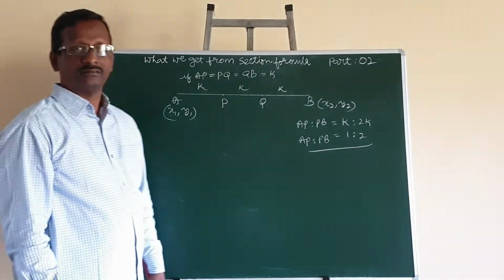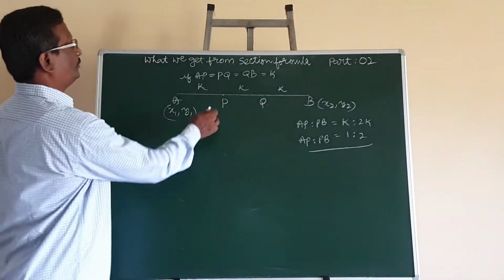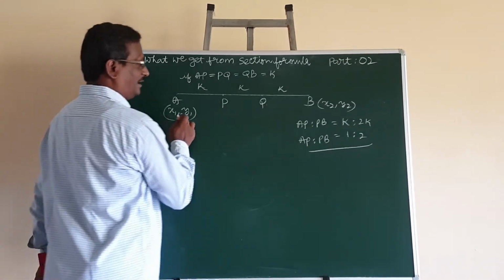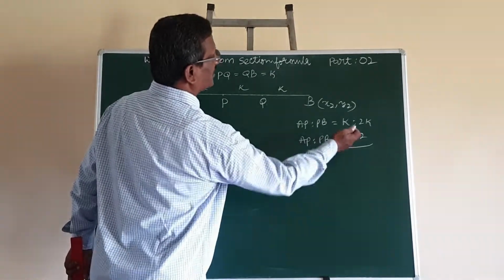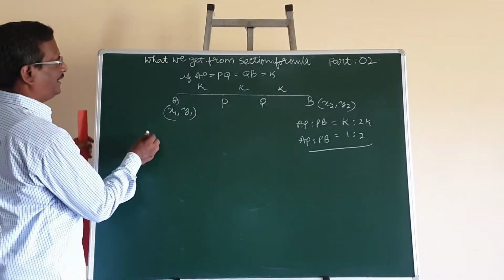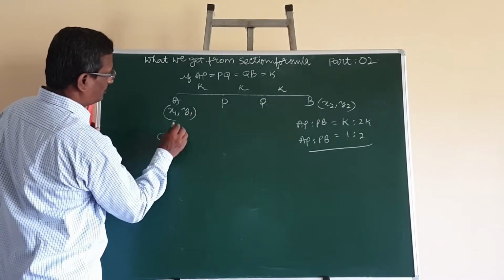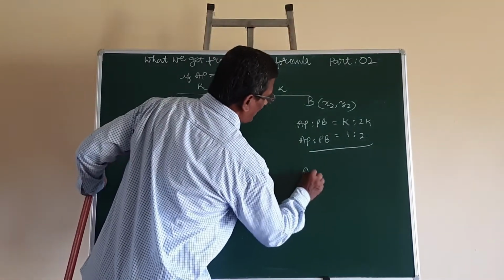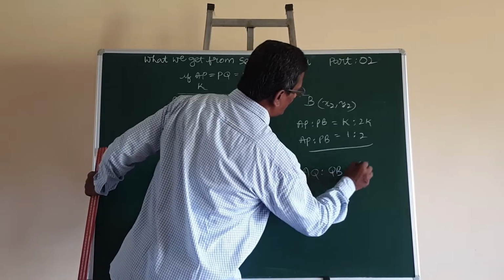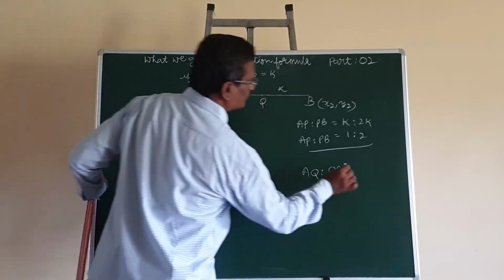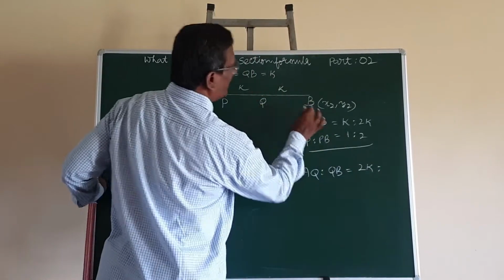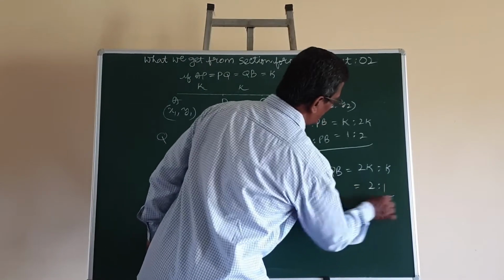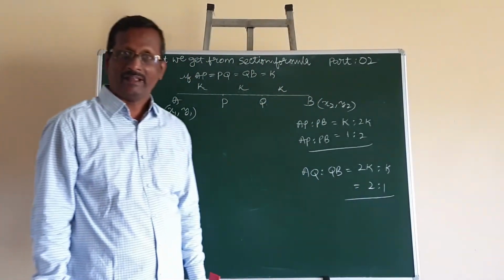So by applying the section formula, it's possible to find the coordinates of point P by taking the given coordinates of A (x1, y1), B (x2, y2) and the ratio 1 is to 2. Similarly, it's possible to find the coordinates of point Q in two different ways. If you want the ratio AQ is to QB, AQ is k plus k, that is 2k, and QB is equal to k. On dividing both the terms by k, the ratio of AQ is to QB is 2 is to 1.